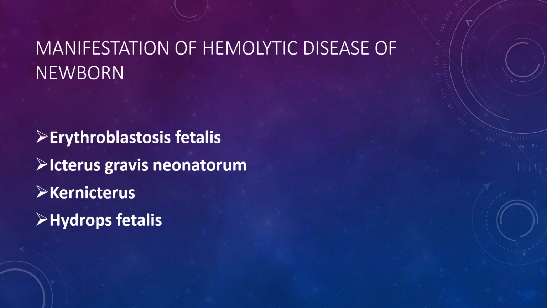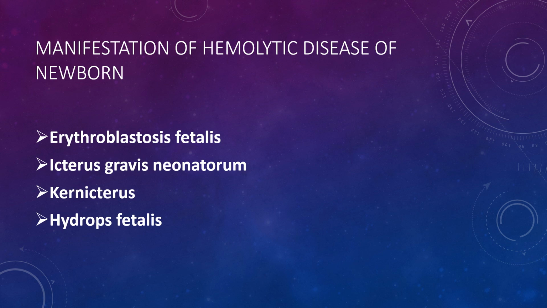Understand what I am saying: when Rh negative and Rh positive blood agglutinate, there is a destruction of the RBCs, and to compensate the loss of RBCs, the babies try to produce more and more RBCs. In this course, more and more immature RBCs come into the blood circulation, and that's why you see this manifestation in erythroblastosis fetalis.